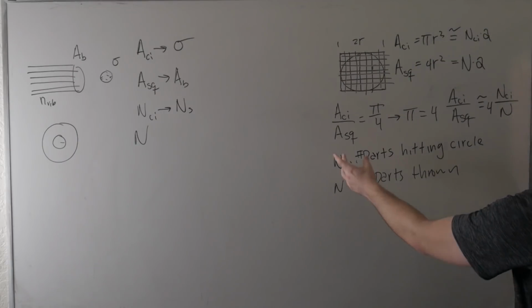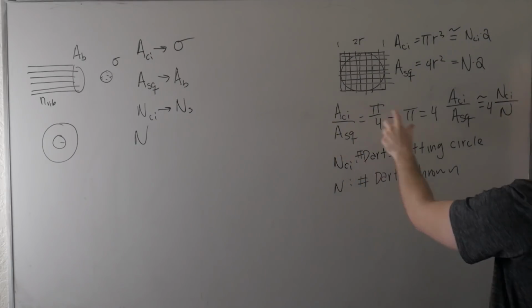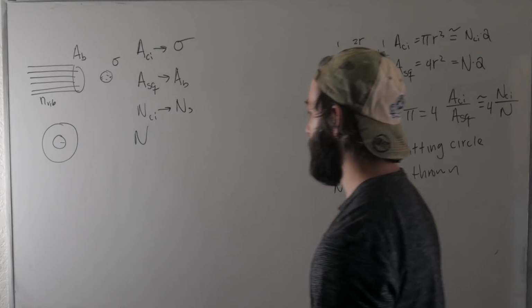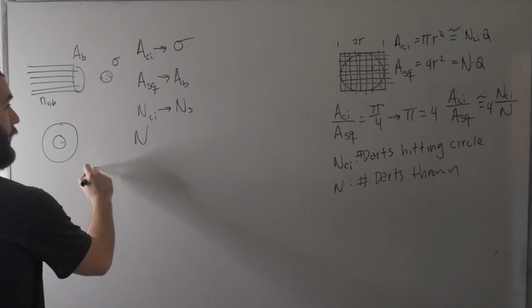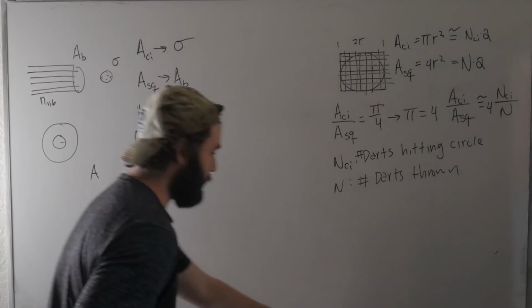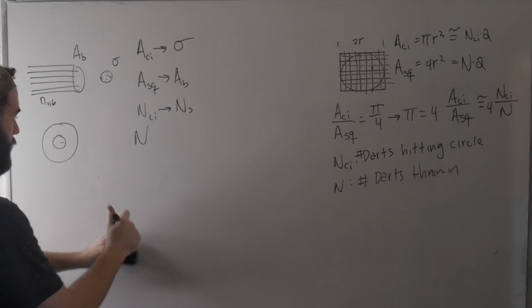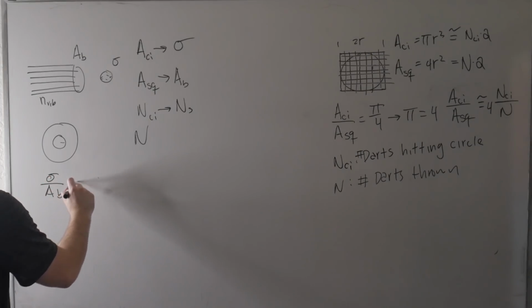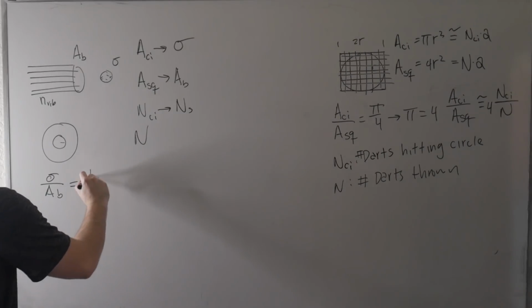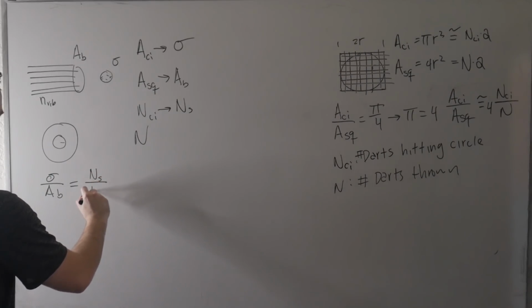Okay, so we identified the ratio of areas with the ratio of numbers. So we have that sigma over the beam area is equal to the ratio of numbers, N_S divided by N.